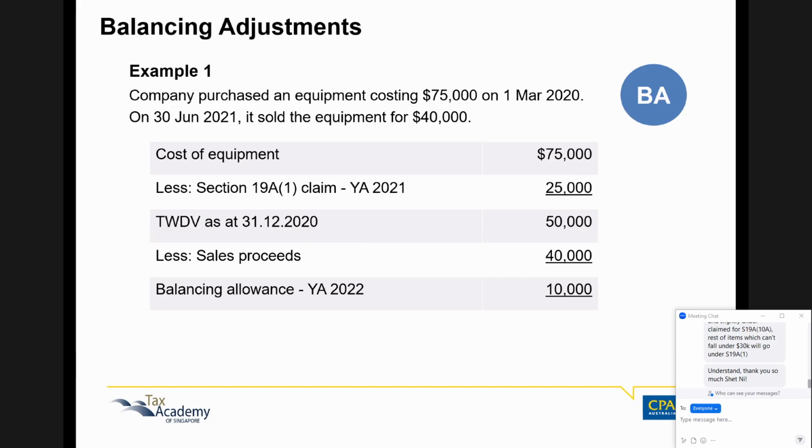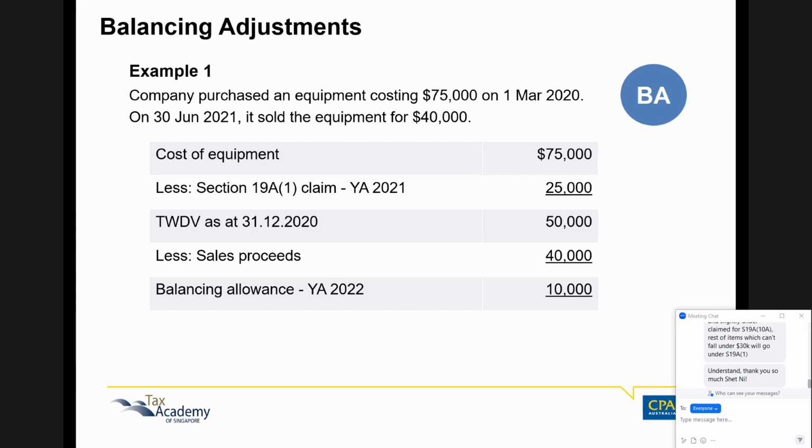So in this case, I have equipment that cost $75,000. One year later, I sold it for 40,000. So my cost of equipment is 75,000. Let's say in that year, I claim CA, the one-third type of CA, $25,000.